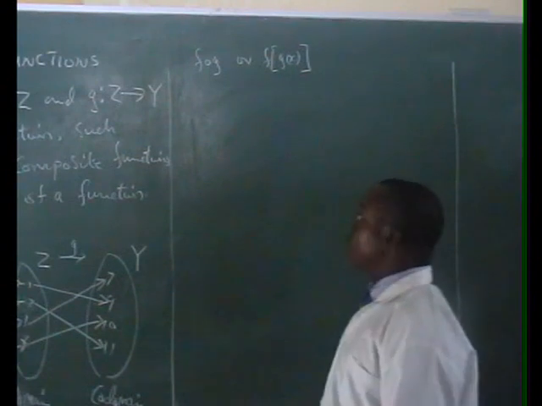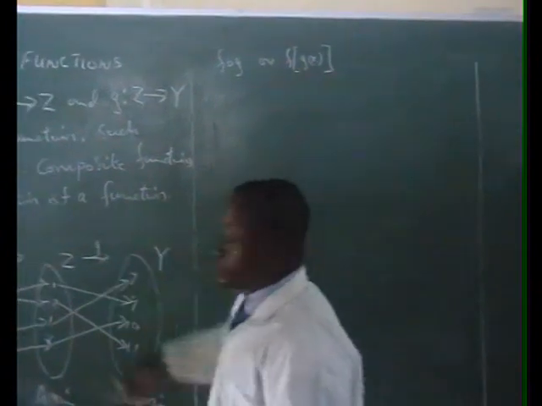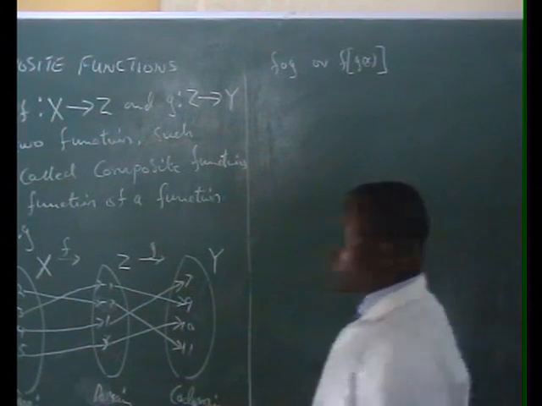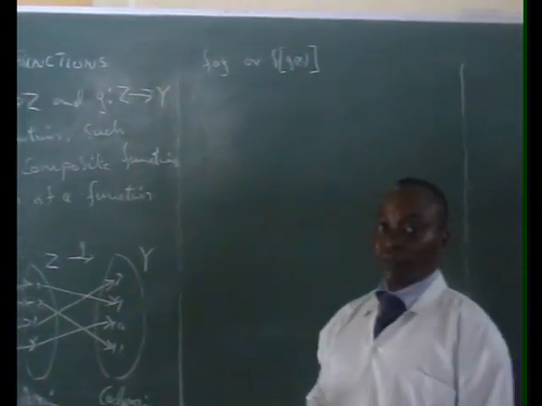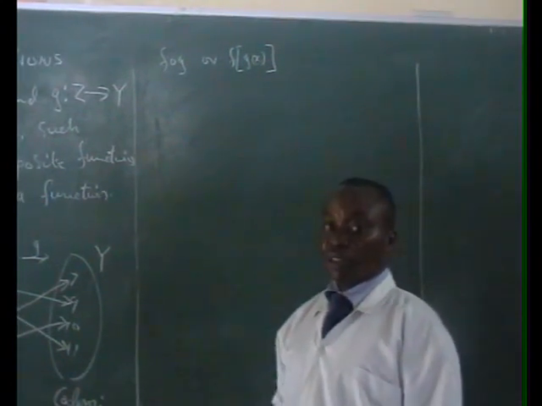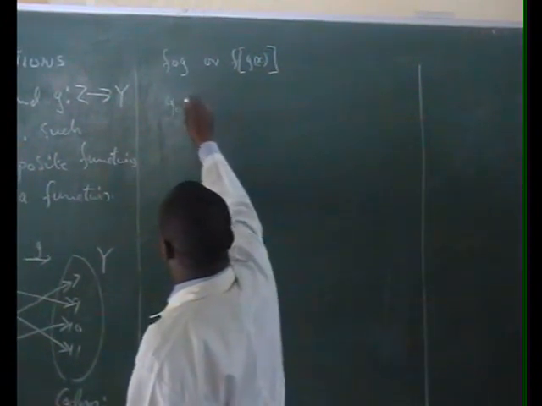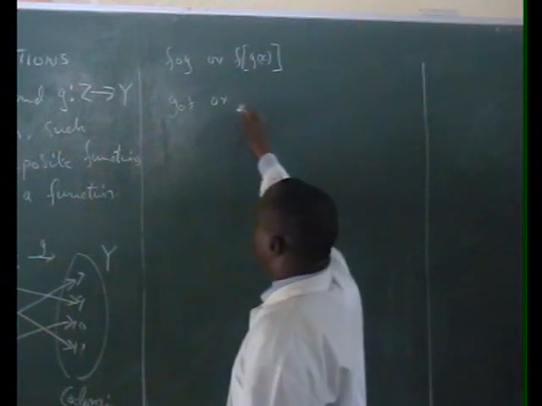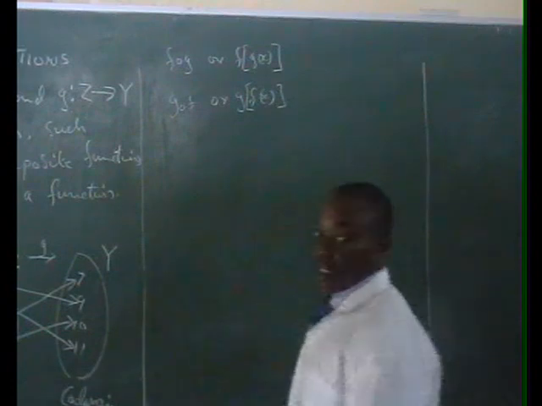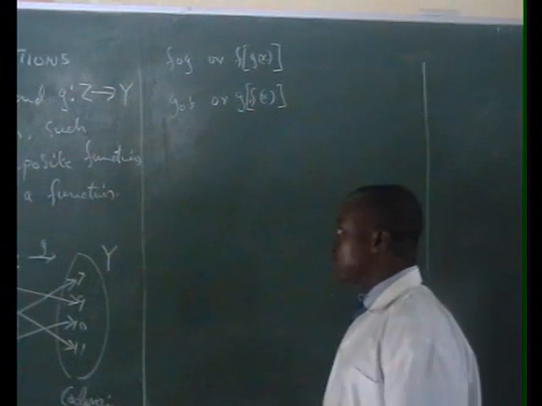Meaning that I'm putting g into f, and f depends on g. Suppose I can also do the reverse way. I also put f into g, and we call it g composite f. So let's look at these functions and see how we can solve composite functions.